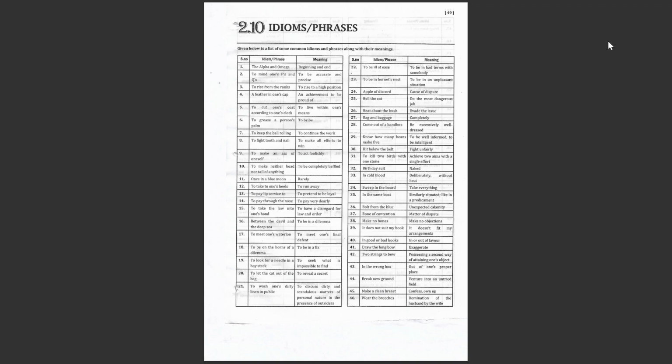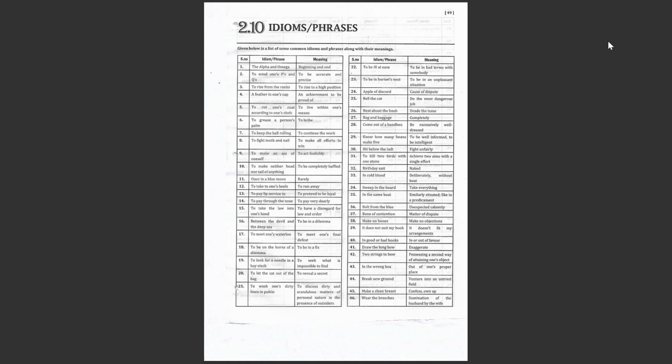So the first idiom for today is the alpha and omega, and the meaning of it is beginning and end. So this idiom is taken from Christianity, right? This idiom comes from the Greek language. So when you study Greek alphabets, you will realize the first letter of the Greek alphabet is alpha.